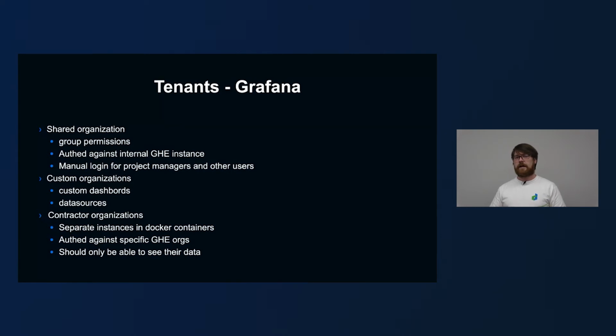In addition to that, for any of our project managers or other teams that maybe don't have code access but still want to look at metrics, we can always manually add them to the Grafana instance, and we do that fairly often.